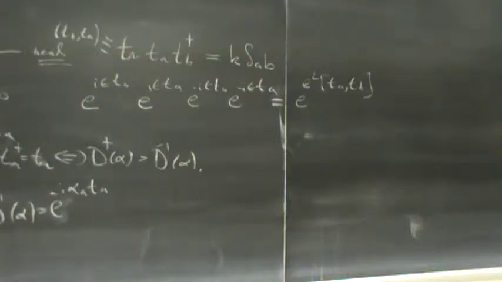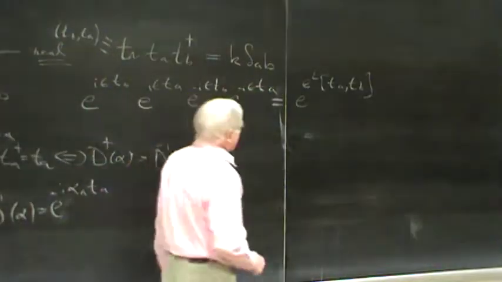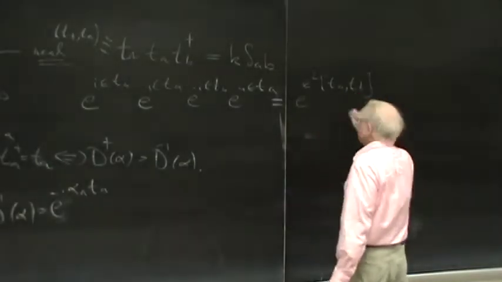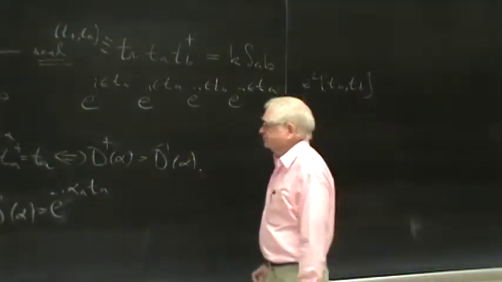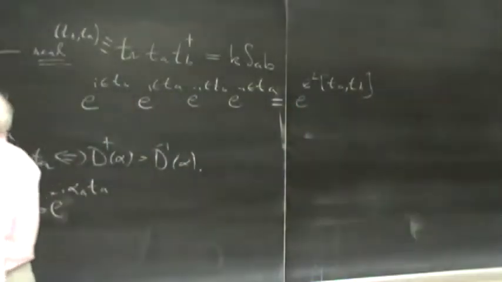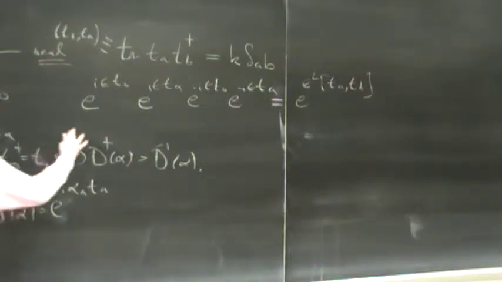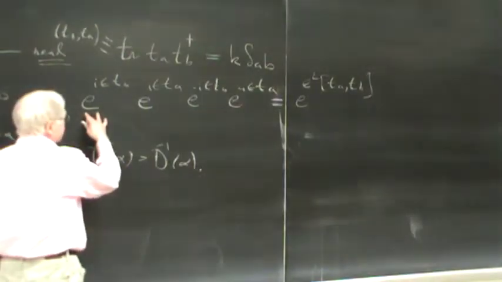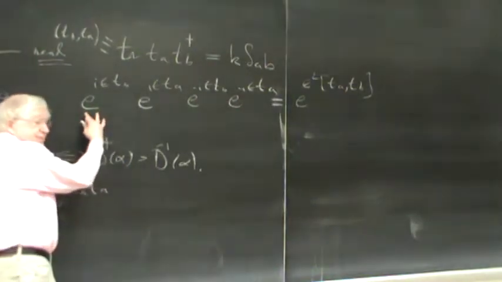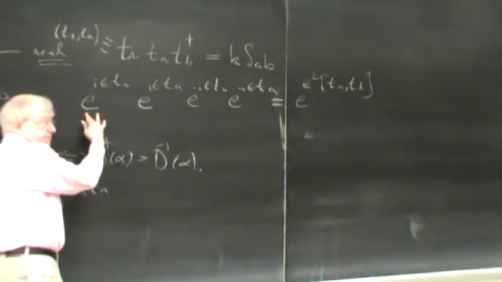All right. Okay, now, what about these TAs and TBs? Well, the idea is that these are matrices that are representing the group, right?